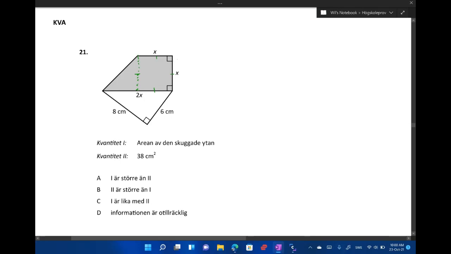And the area of this square, if we call this area 1, is going to be x times x. Since this is a square, it's going to be x squared. And if this from here to here is 2x, well, halfway, this is going to be x.